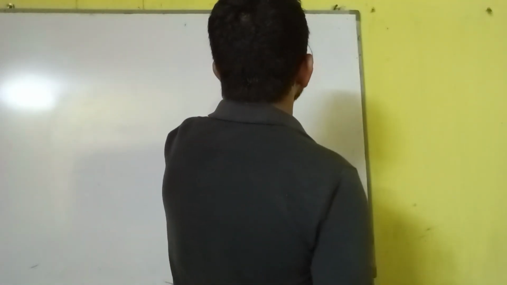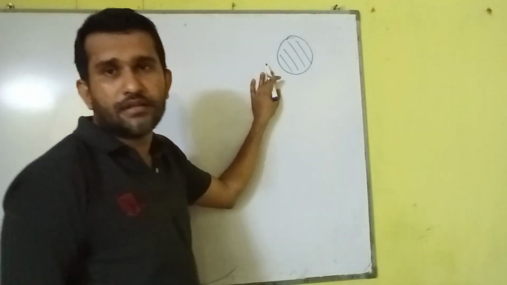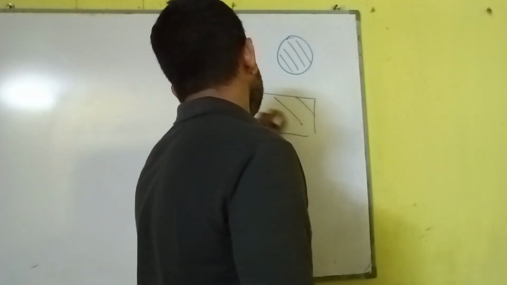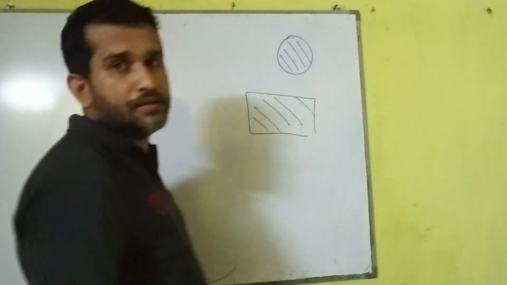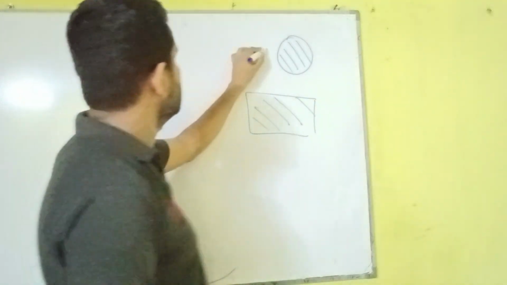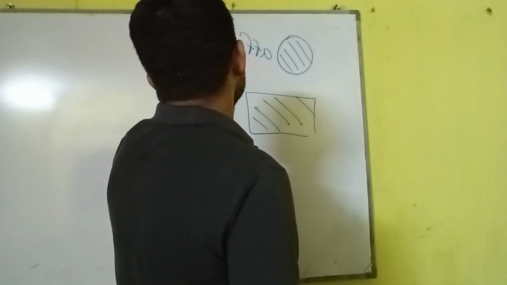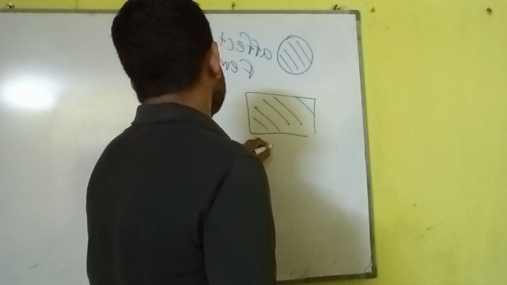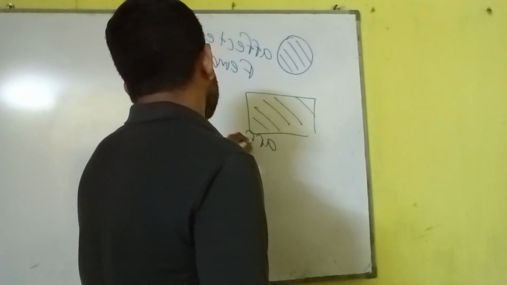If your circle is colored, that is an affected female. If your square is colored, that is an affected male. Here we see the affected female, and here the affected male.